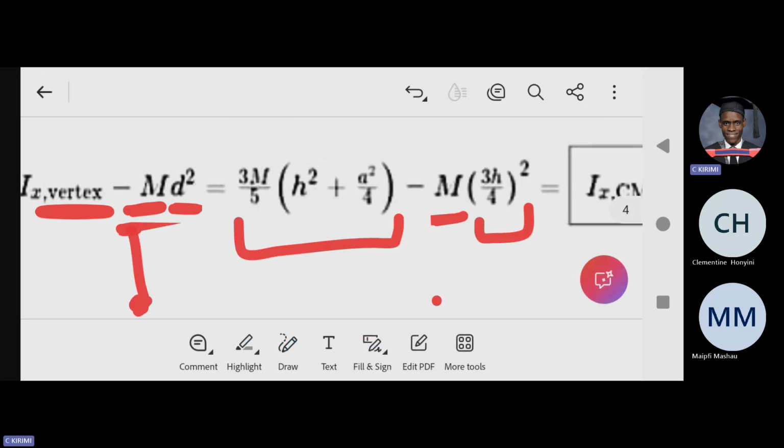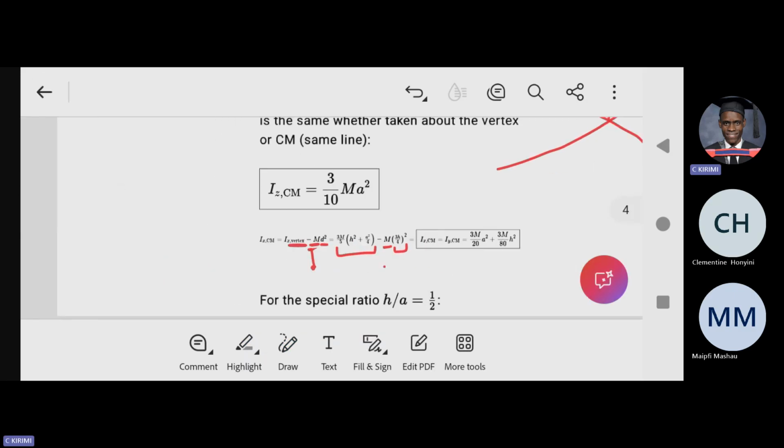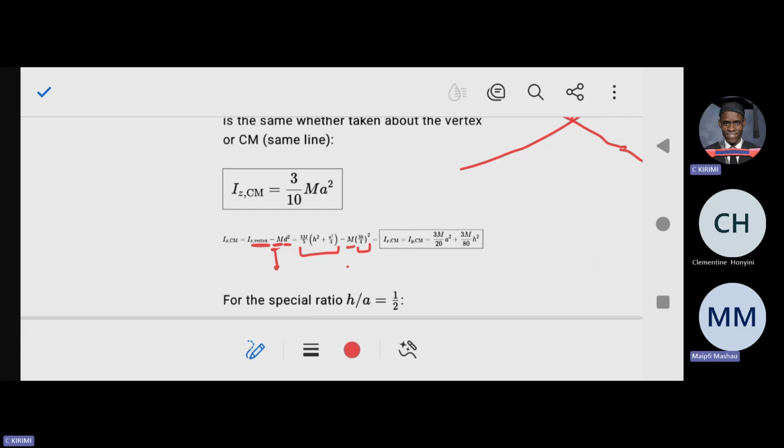Let me draw it nicely. This is our vertex of the cone, like this. This is the Z, passing through the center.